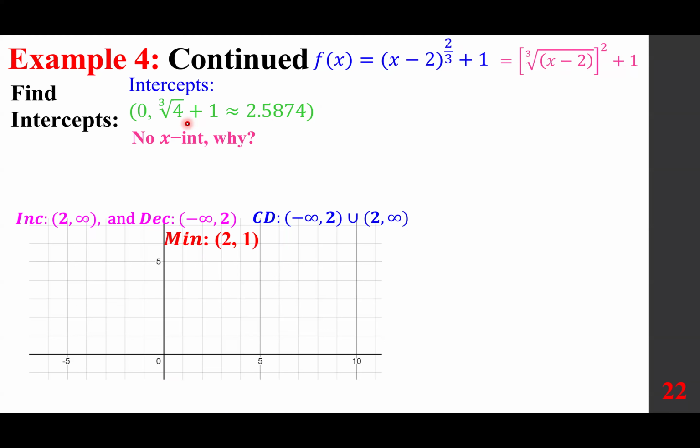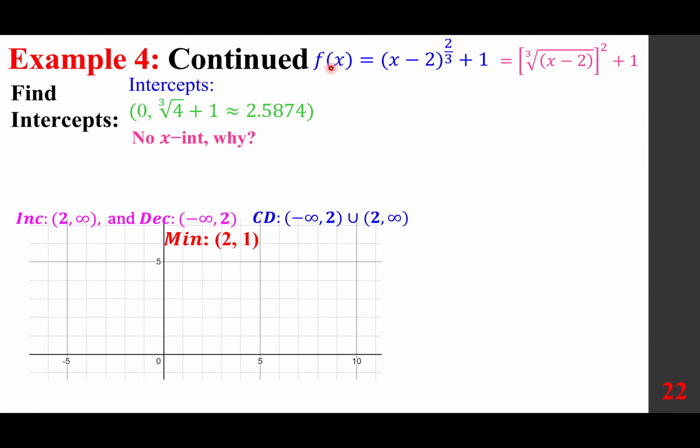Why is that? Let's see why it's not giving us any answer.